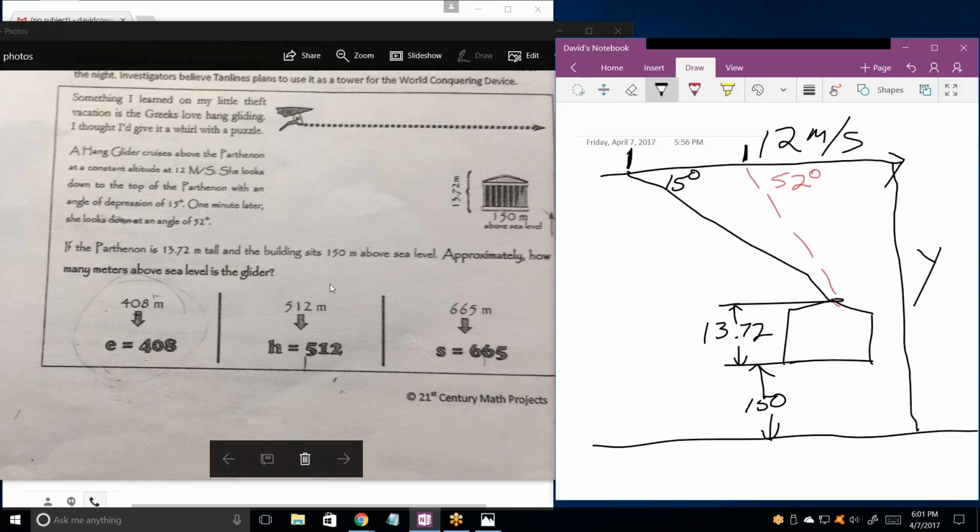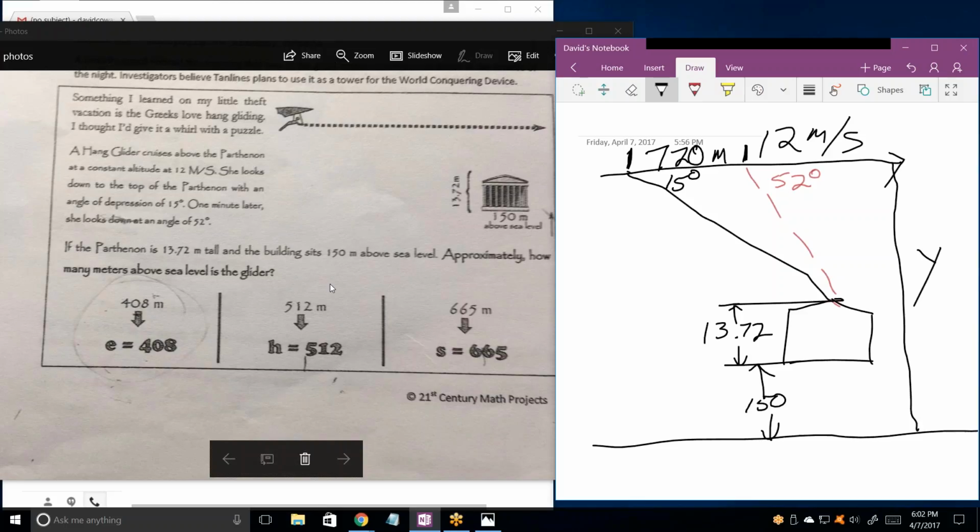How far does it go in 60 seconds? 720 meters.